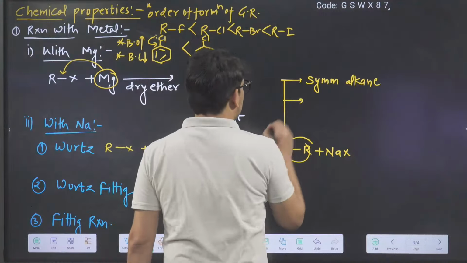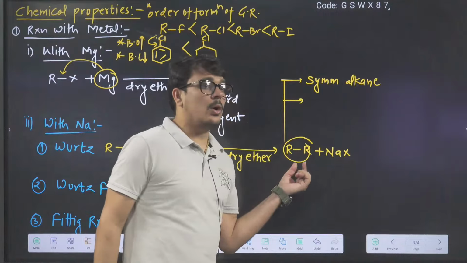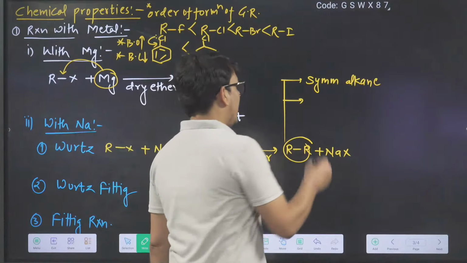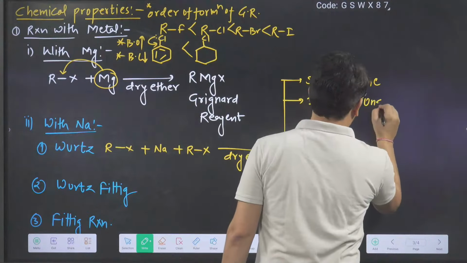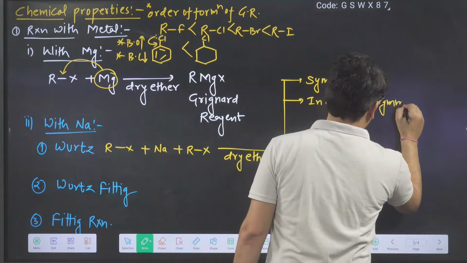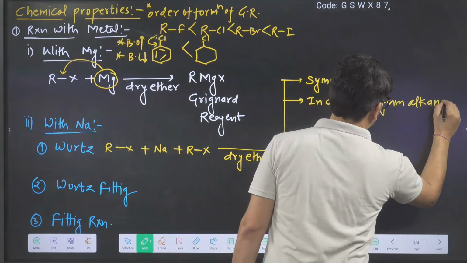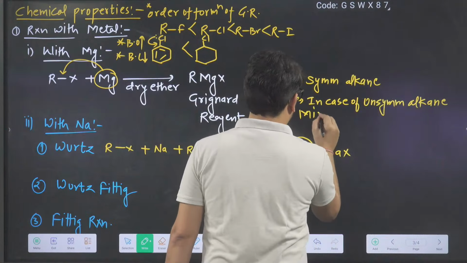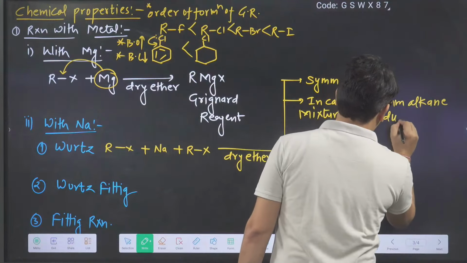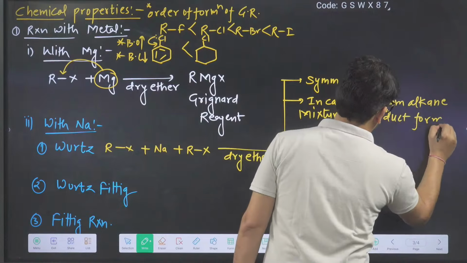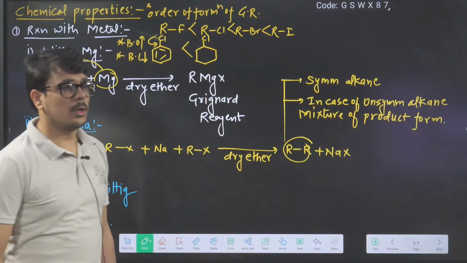Even. I'm not saying that we cannot prepare odd-carbon-containing alkane here. In case of unsymmetrical alkane, a mixture of products forms.